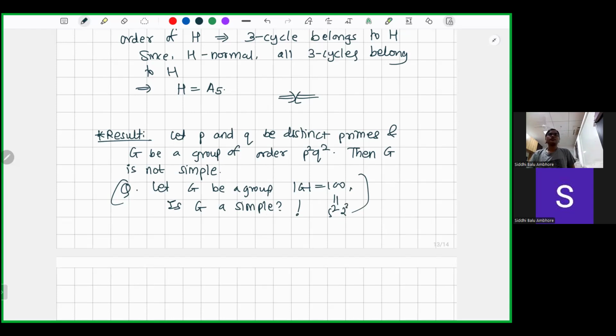So by this theorem, we can easily conclude that no, a group of order 100 can never be simple.